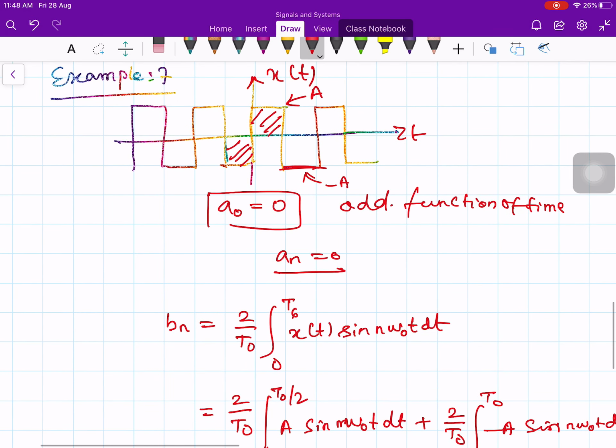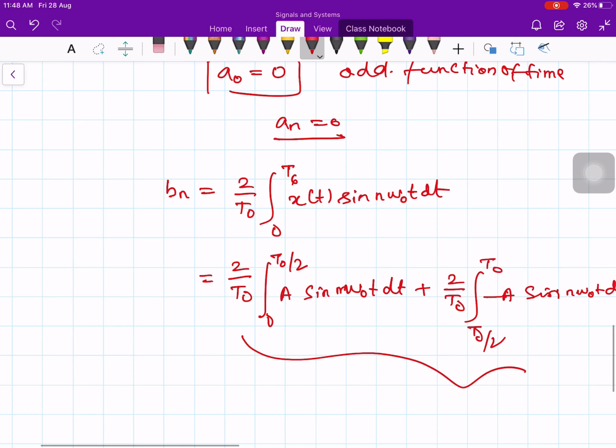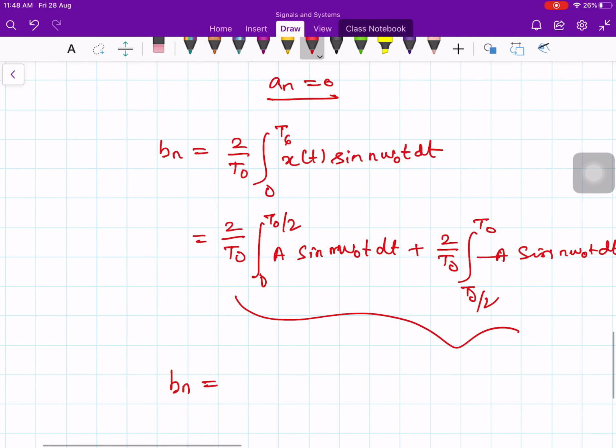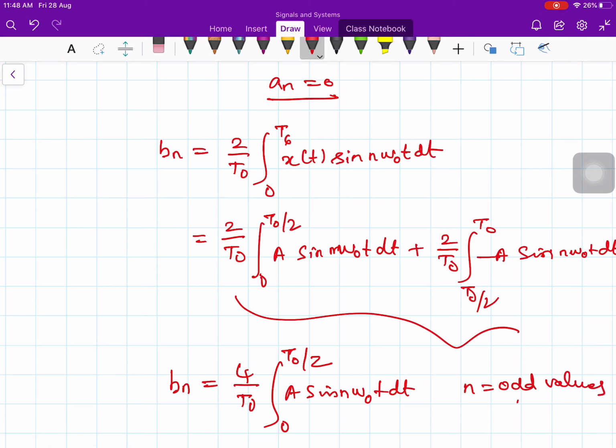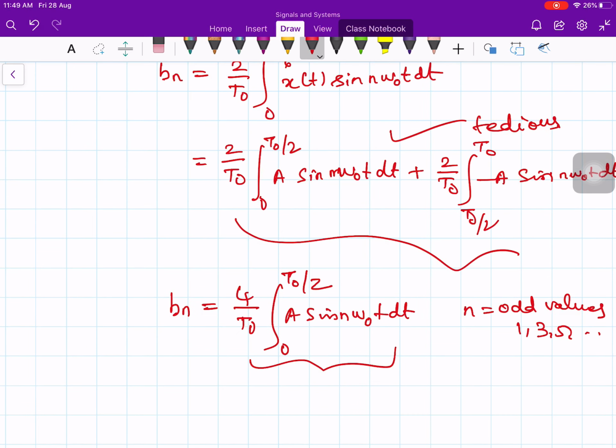Therefore, instead of doing it like this, you can directly write Bn is equal to 4 over T naught, integral of 0 to T naught by 2, a times sine of n omega naught t dt, where n is only odd, n equal to 1, 3, 5 and so on. The first method is very tedious, or laborious, and this one is a very shortcut method. Using the properties you can easily find it out.